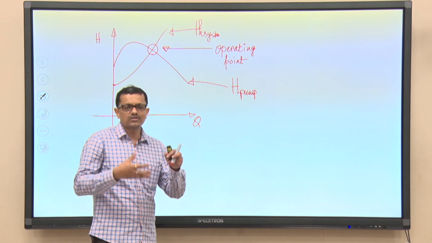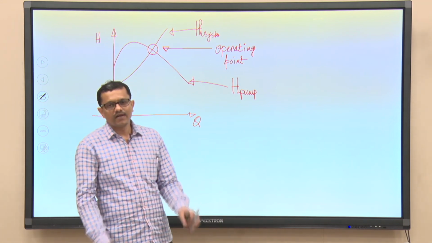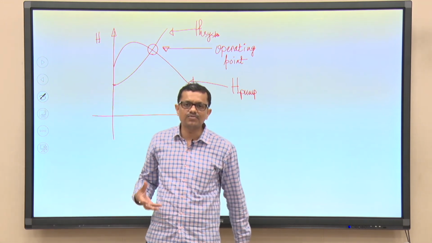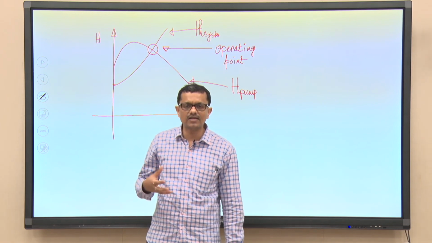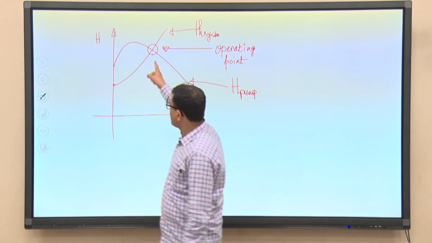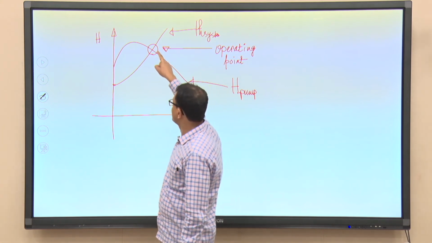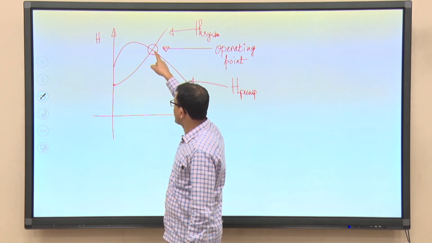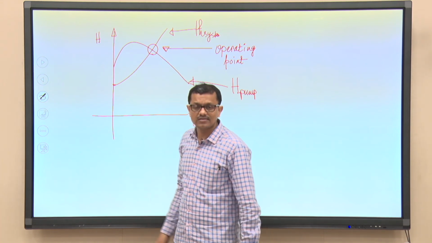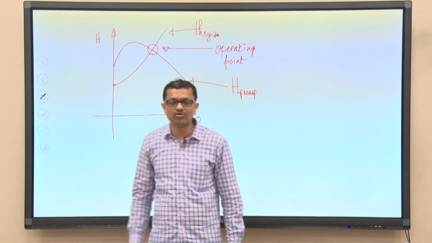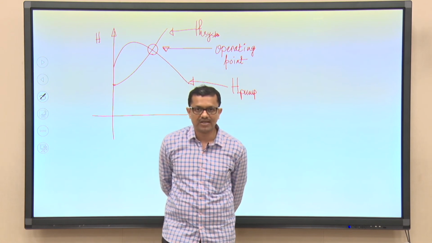To take all those undesirable phenomena into consideration, normally pump operators are there. If this is the operating point and we project this particular point on the H and Q axes, definitely we will get the operating discharge and operating head, right.